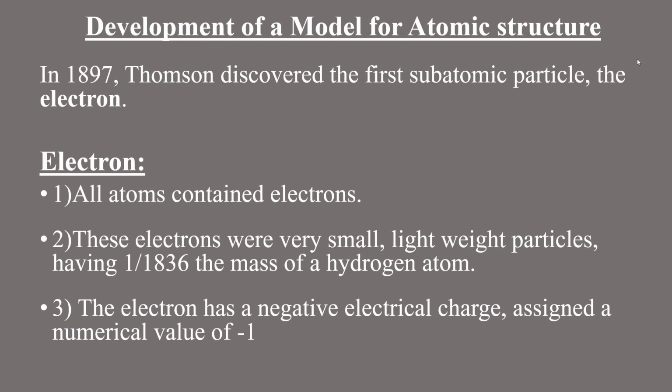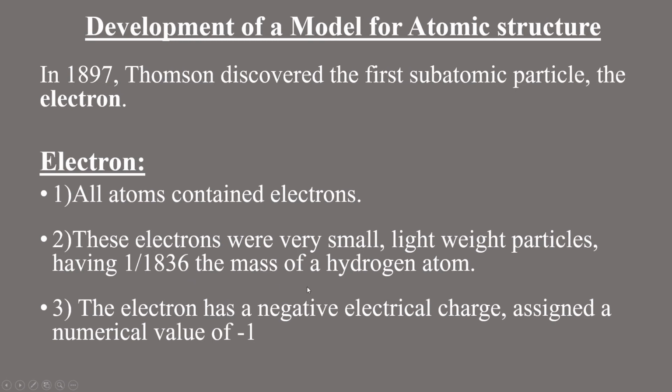In 1897, Thomson discovered the first subatomic particle, the electron. Here I have some properties of electrons that you need to know. All atoms contain electrons. These electrons are very small, lightweight particles having 1/1836 the mass of the hydrogen atom.